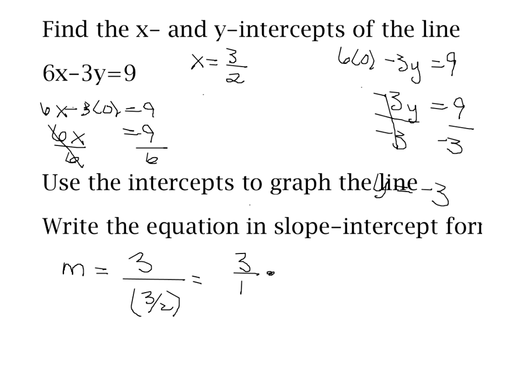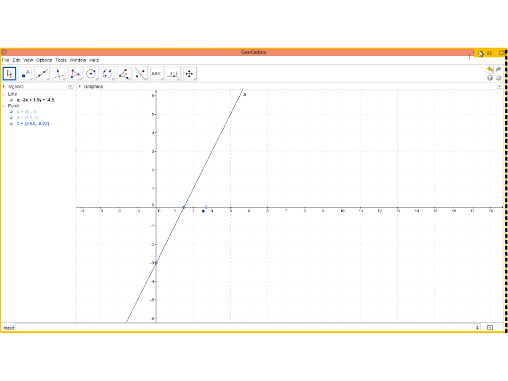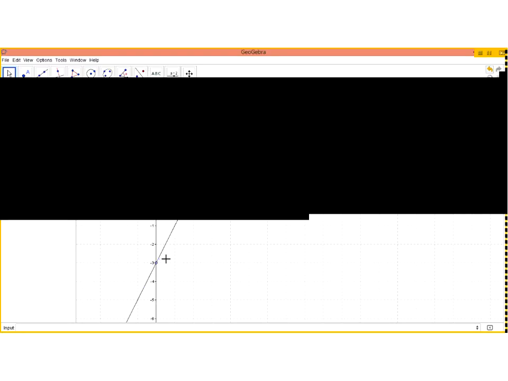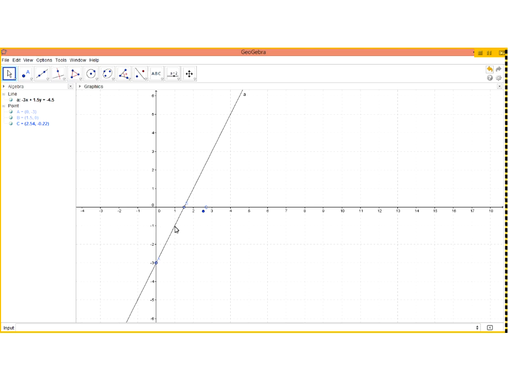So I'm going to take 3 over 1 times the reciprocal, 2/3, and I get a slope of 2. So my equation in slope-intercept form would be y equals 2x minus 3. Now let's go back and check our slope and make sure that we really think it's 2. It is. There's up 2 and over 1, and we go exactly through there. And there's another over 1, up 2.